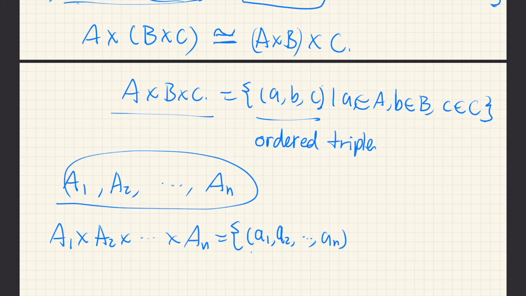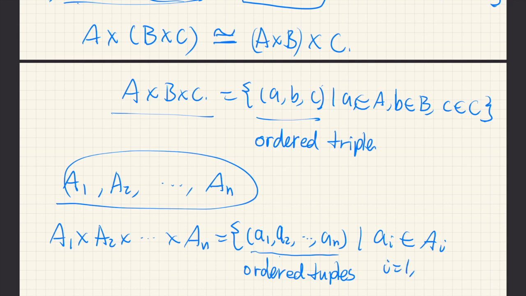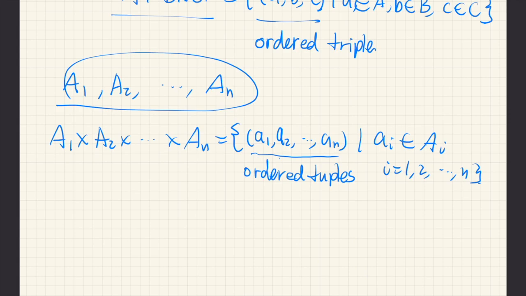So it is an ordered list of n elements. We call it an ordered tuple, or simply tuple, where ai belongs to Ai, where i is from 1 up to n, right? Since there are n elements, we sometimes call it an n-tuple. The order matters, so if the order is different, it's a completely different thing.